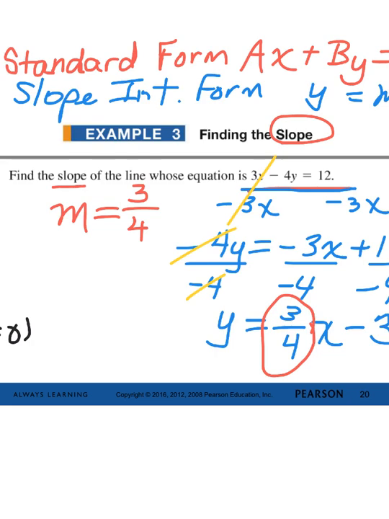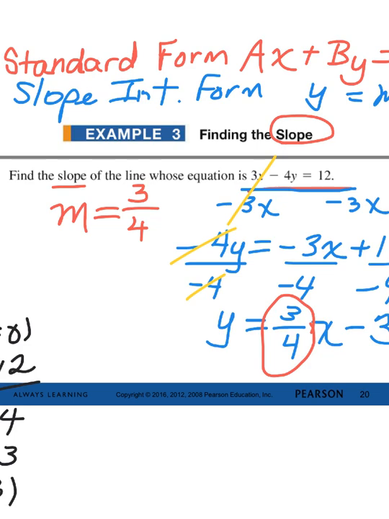So that means we have 3 times 0 is 0 minus 4y equals 12. And dividing both sides by negative 4 gives us that y is equal to negative 3. And that gives us the point 0, negative 3.